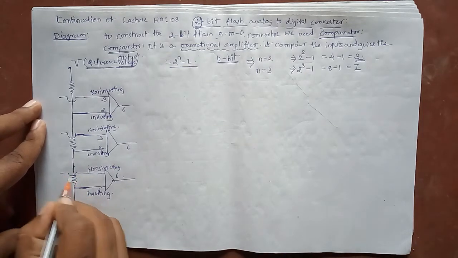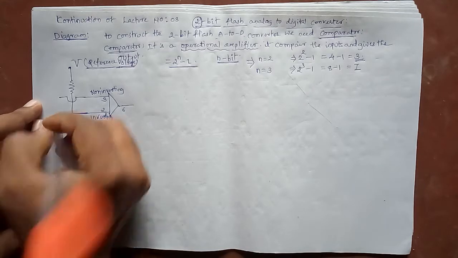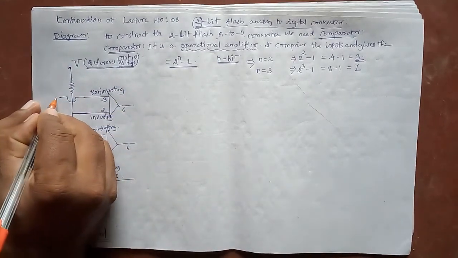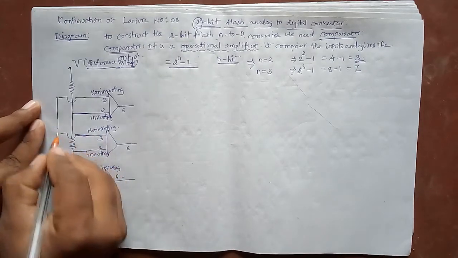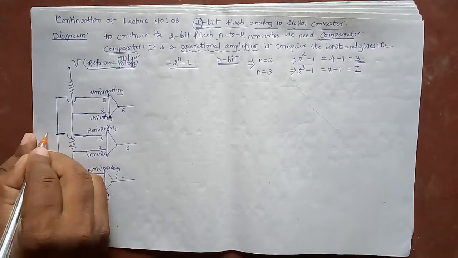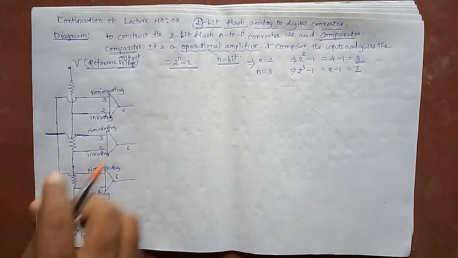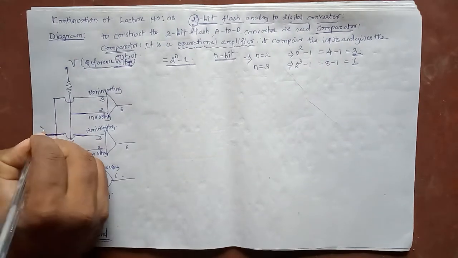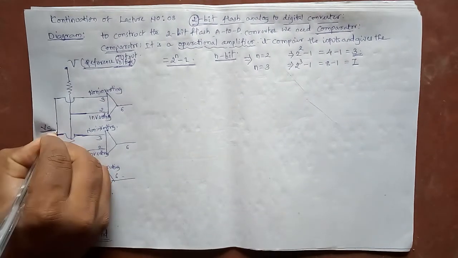This represents a jump. There is no connection between this straight line and this one. Here these 3 are connected, and to this terminal number 3, the non-inverting input, the supply voltage is supplied.